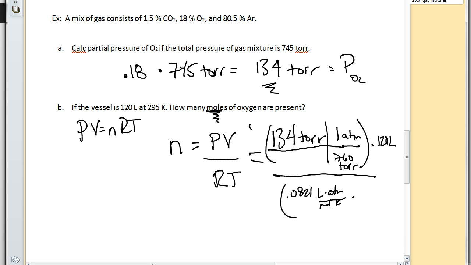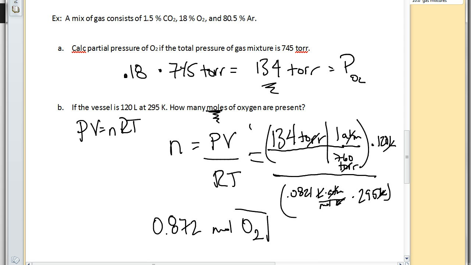And we're going to multiply that by temperature, which was given as 295 K. Kelvin cancels, liters cancels, torr cancels, atm cancels. We're left with moles, and that's what we're looking for. So we run this through, and we get 0.872 moles of oxygen in this gas mixture.